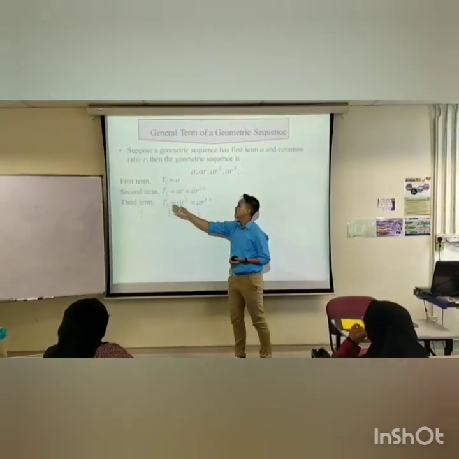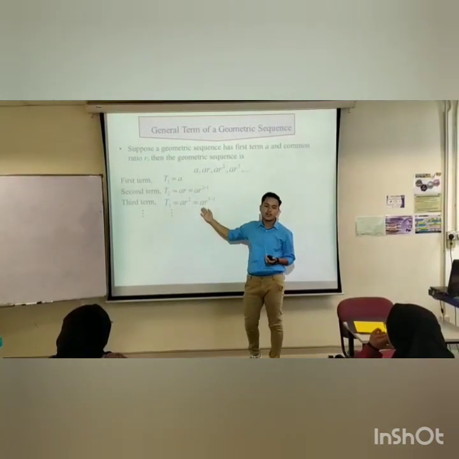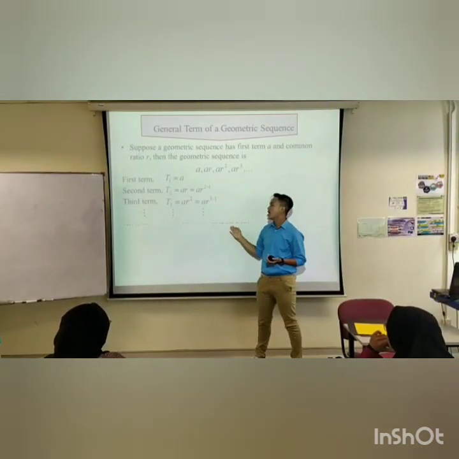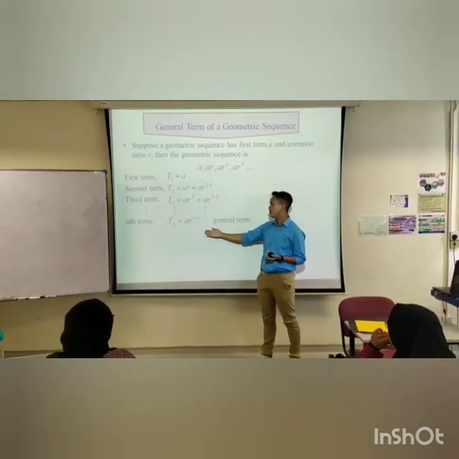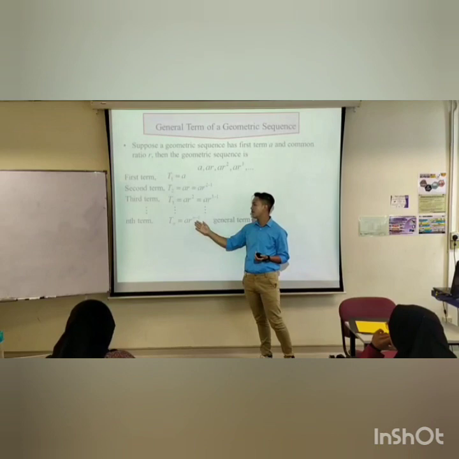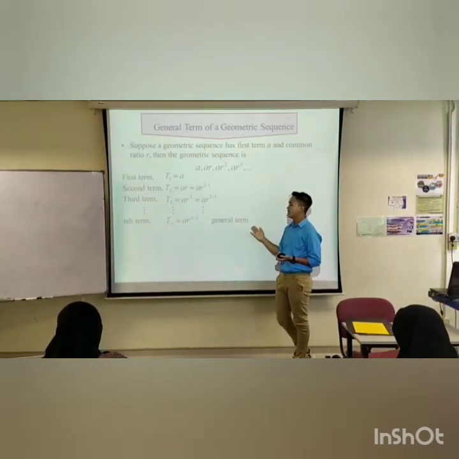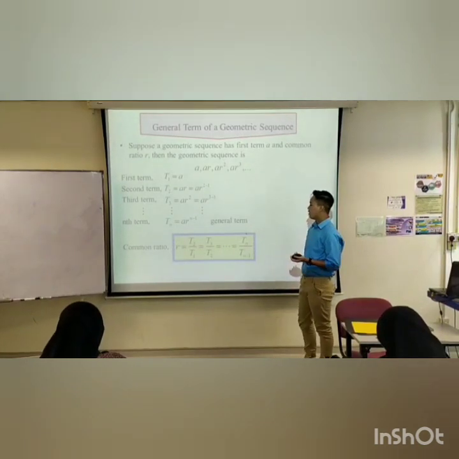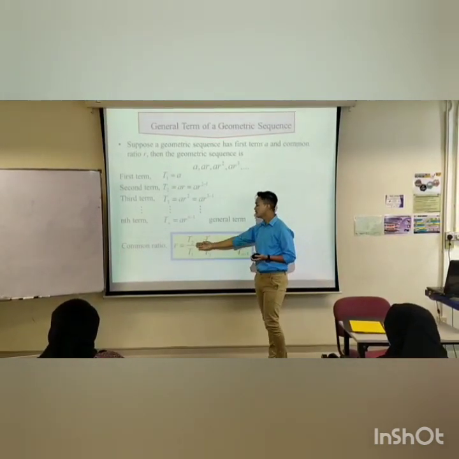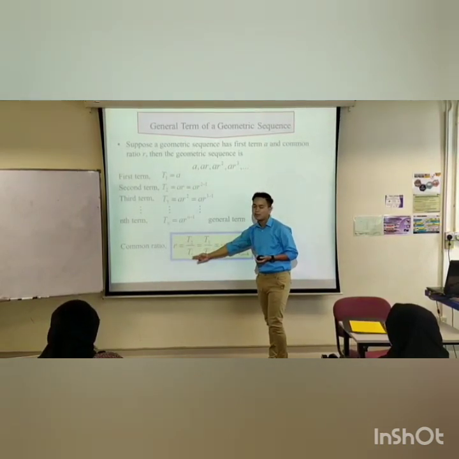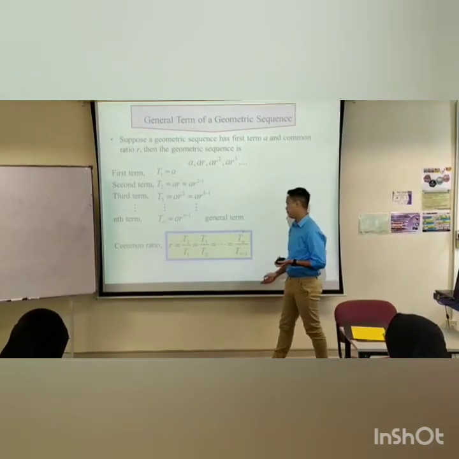Third term T3 equals AR squared, which is AR to the power of 3 minus 1, and so on. This is the general term. You must know and remember this for this topic, geometric series. The common ratio is the second term divided by the first term, or the third term divided by the second term.